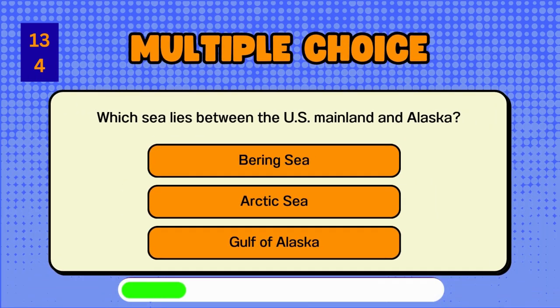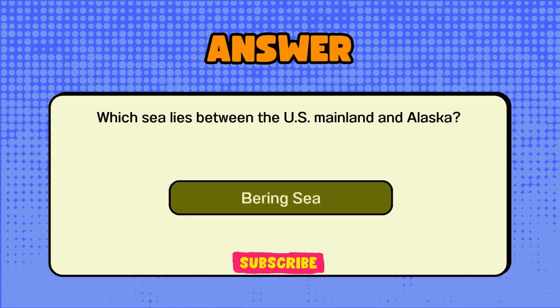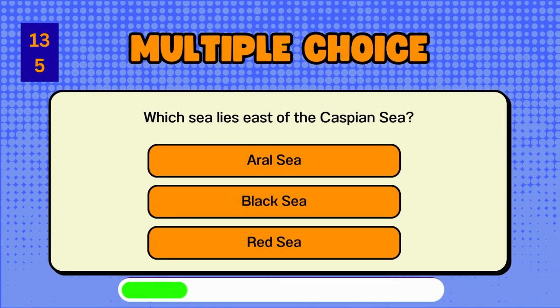Which sea lies between the U.S. mainland and Alaska? Which sea lies east of the Caspian Sea?